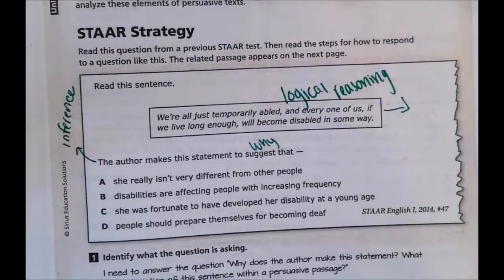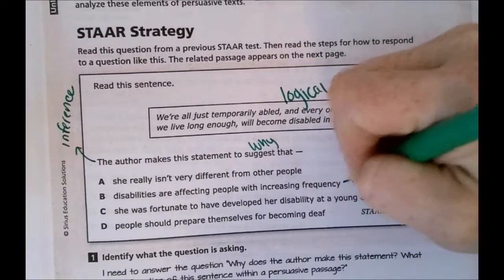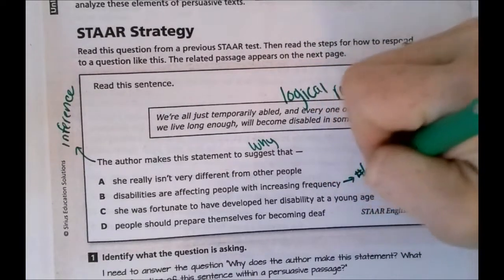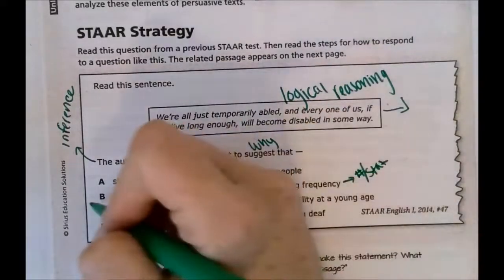The author makes this statement to suggest that she really isn't very different from other people. Or, disabilities are affecting people with increasing frequency. All right, this increasing frequency would have to do with a number or a statistic, and I didn't see that in there, okay? So I'm going to say B is out.